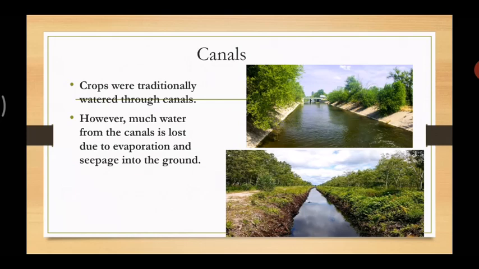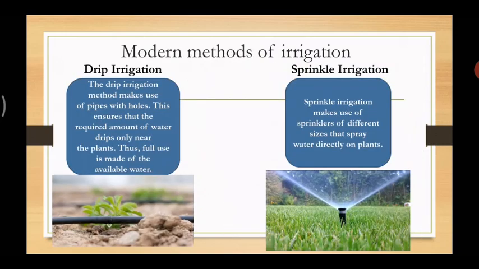The water used to get wasted a lot. So nowadays farmers use modern methods of irrigation. Before they used to water crops from the canals, but now they use modern methods. We'll see which are those modern methods.